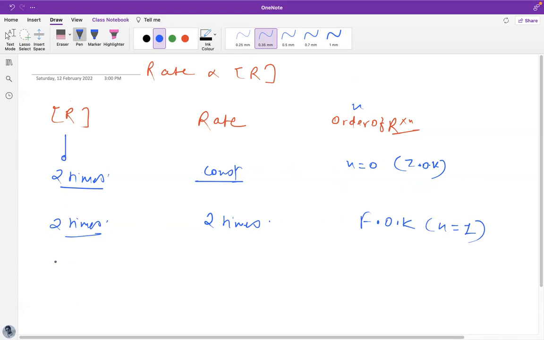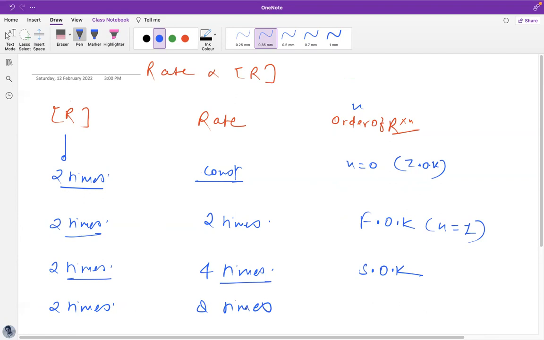Suppose I change it 2 times and my rate becomes 4 times. Now tell me, what is this? It will be second order kinetics. Very good. Suppose again 2 times and the rate becomes 8 times. Tell me what it should be. Yes, perfect. Now listen again.